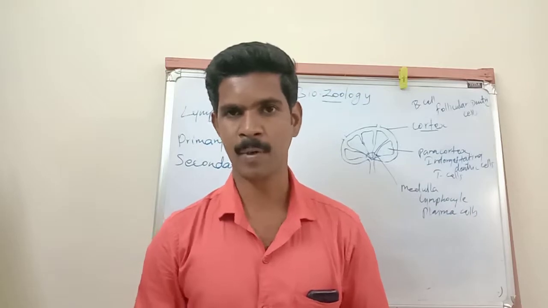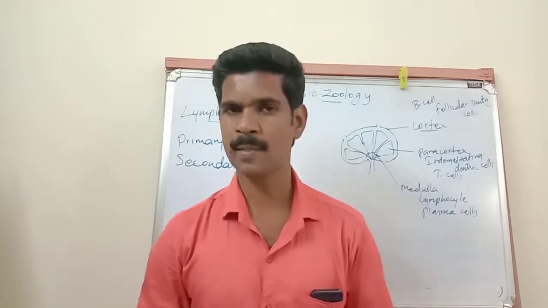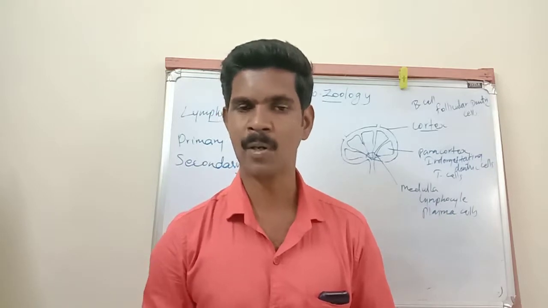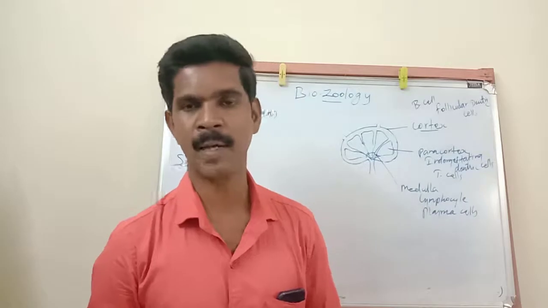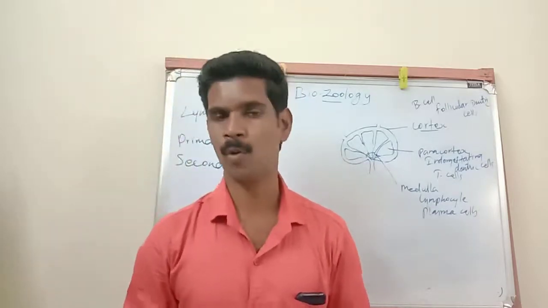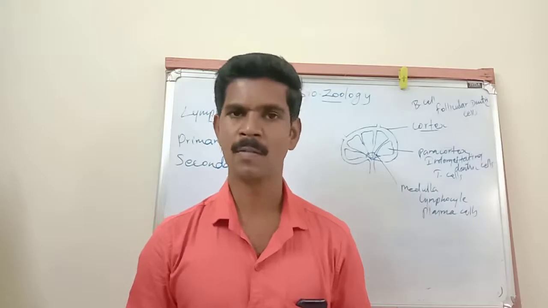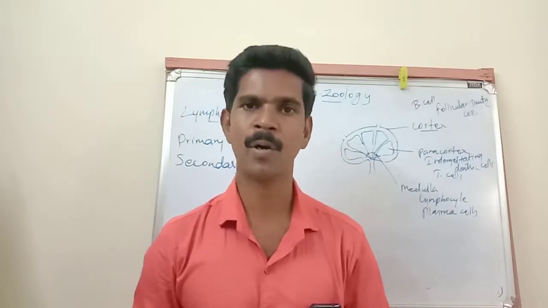So lymph node and spleen are the examples for the secondary lymphoid organs. Peyer's patches, MALT, GALT and BALT are examples of secondary lymphoid tissues. Hope you all understood.